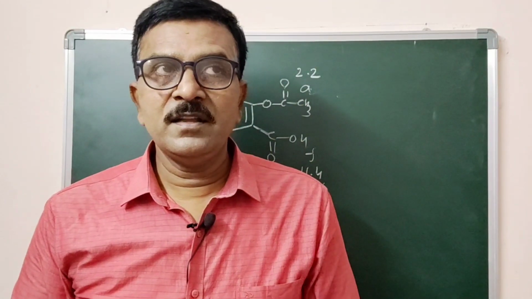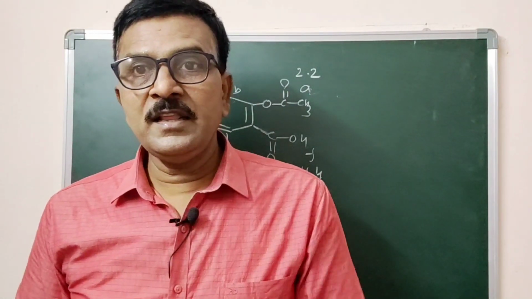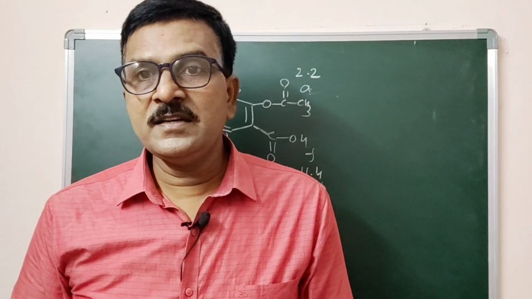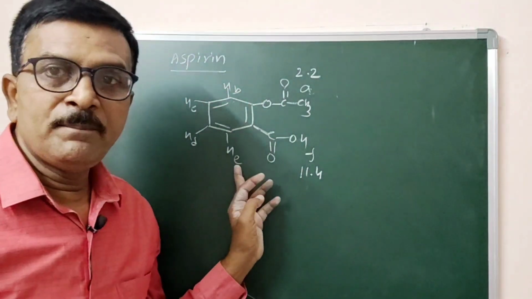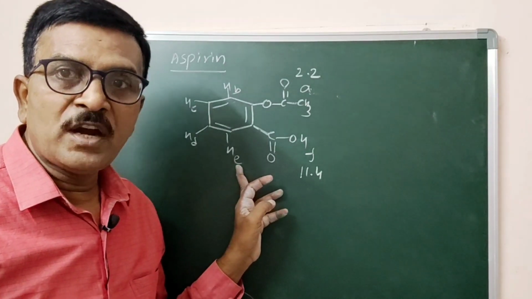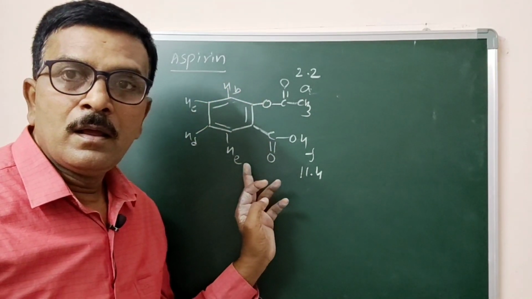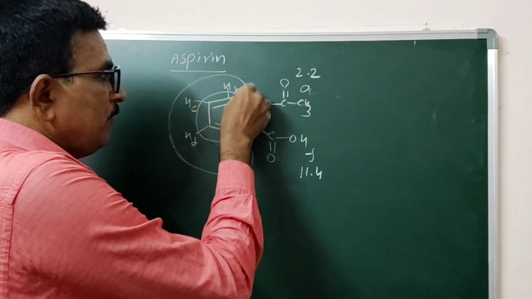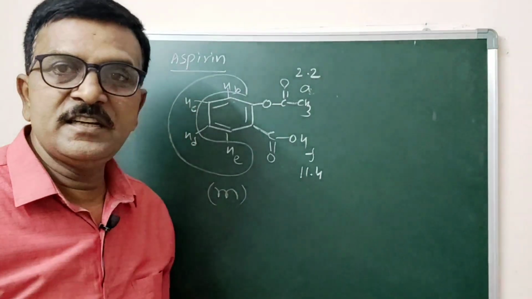Now, we already discussed in spin-spin coupling that when we are unable to predict the number of lines in a signal, the signal is considered as a multiplet. Here also, because of overlapping multiplicity, we are unable to study the number of lines for each proton. Therefore, all the proton signals will be considered as a multiplet. Is it clear?